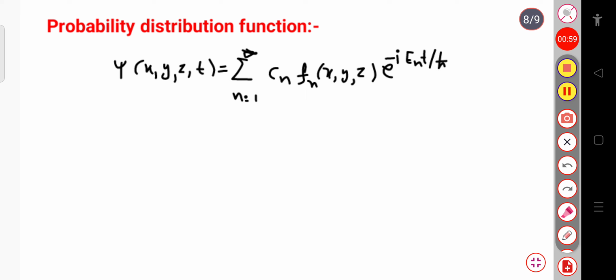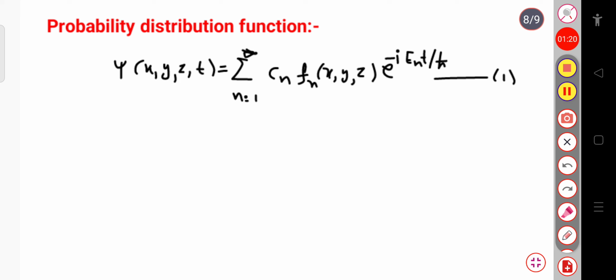So psi of x, y, z, t can be written as a linear combination of stationary states: psi of x, y, z, t equals the sum over n equal to 1 to infinity of Cn Fn of x, y, z exponential minus iota En t by h cut. Suppose this is your equation number 1.